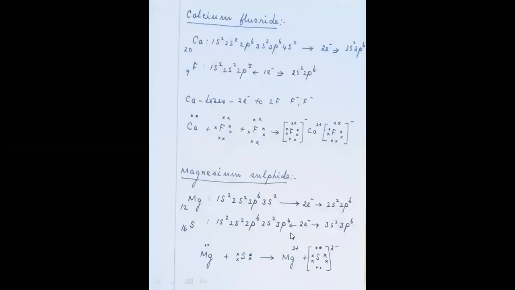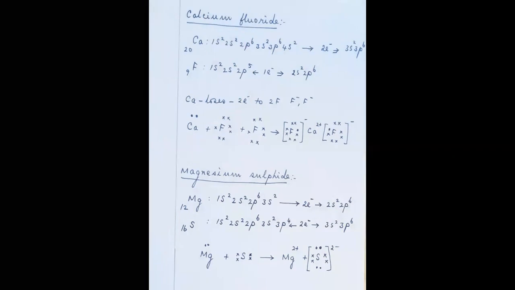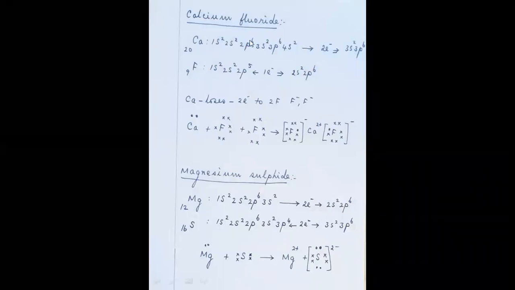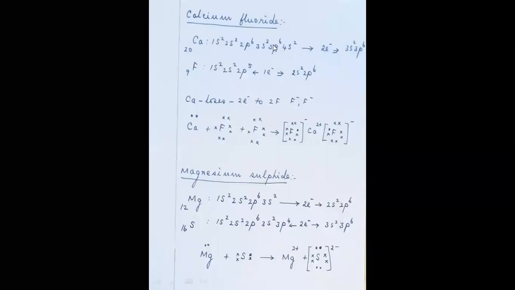Now, if you see the formation of calcium fluoride, the ionic bond formation between calcium and fluorine. Look at the electronic configuration of calcium. Calcium is with the atomic number 20, and has the electronic configuration 1s2, 2s2, 2p6, 3s2, 3p6, and 4s2. And the calcium can attain the noble gas electronic configuration when these two electrons are lost.